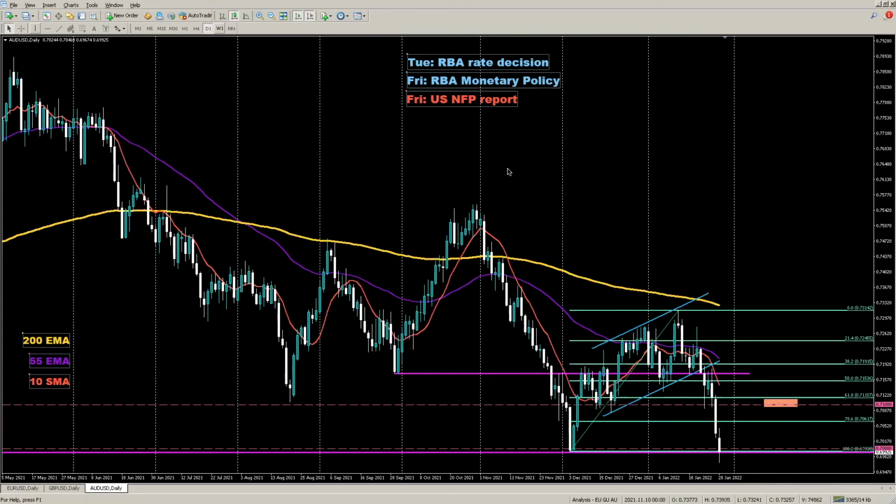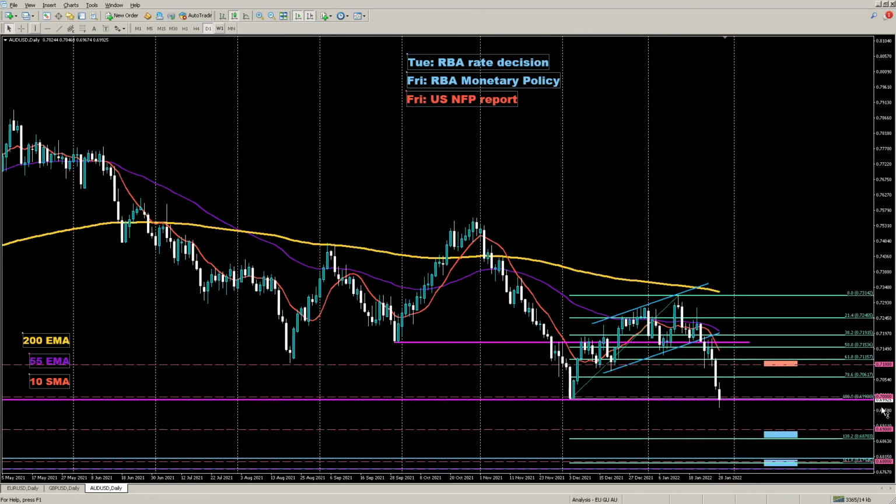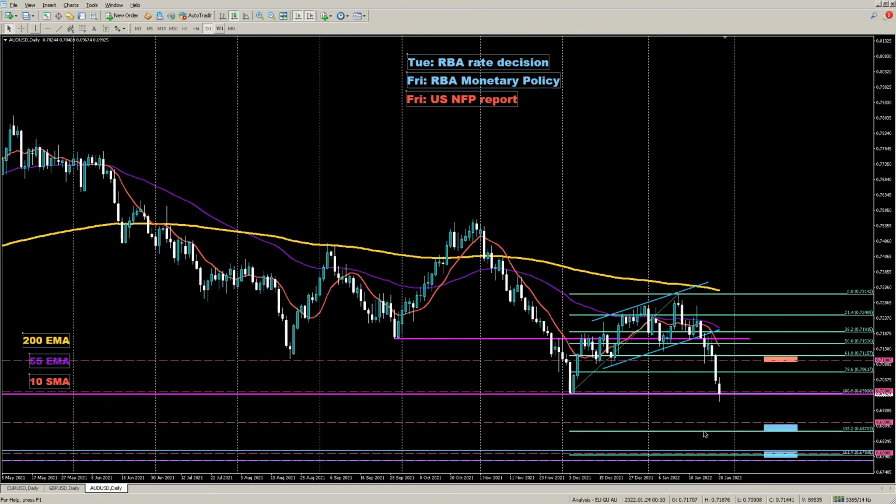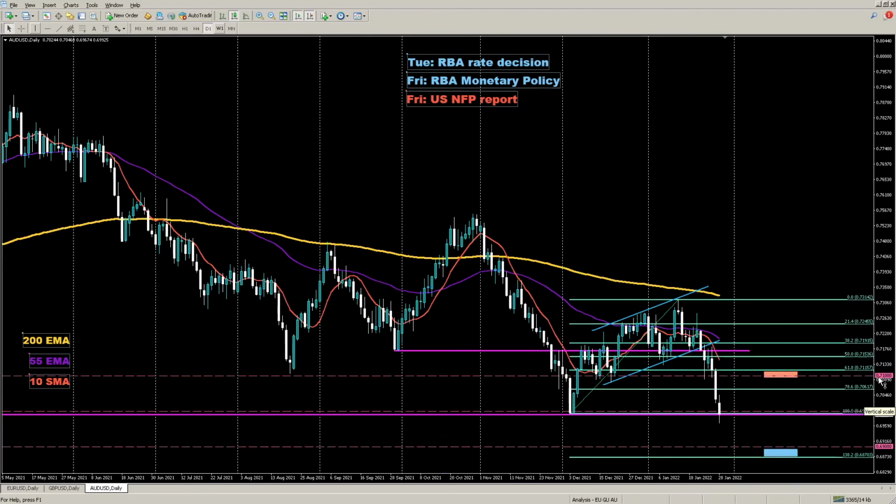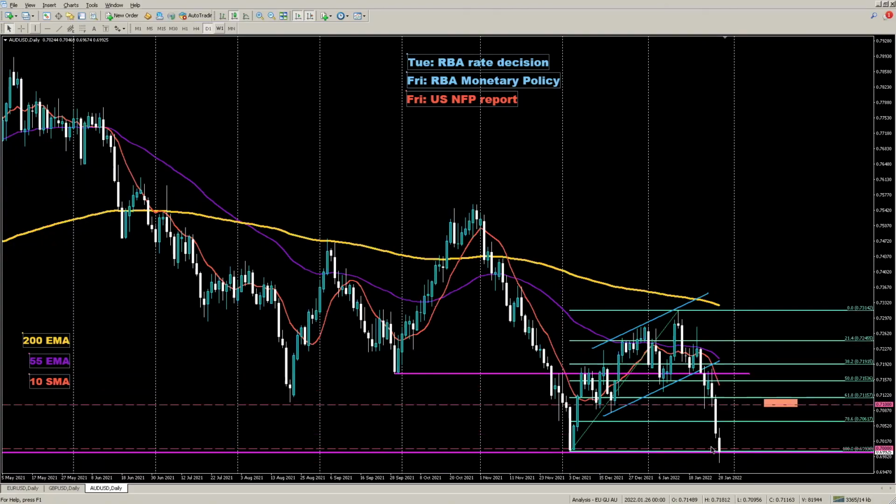All right, so let's see if they're able to stave off any further fall or decline. But if it does, then those are our first and second support levels. And it's going to have a tough recovery if it does try to climb back up.